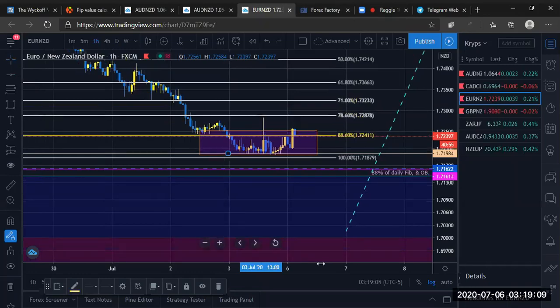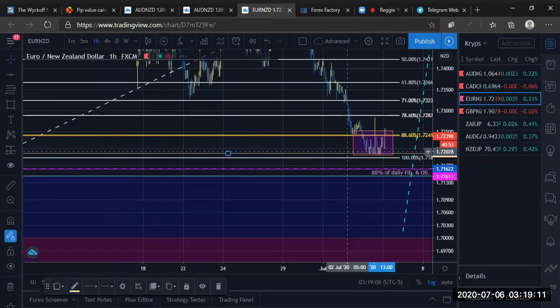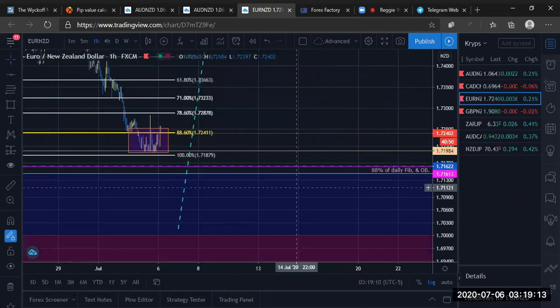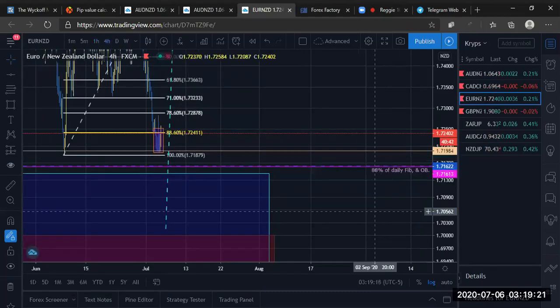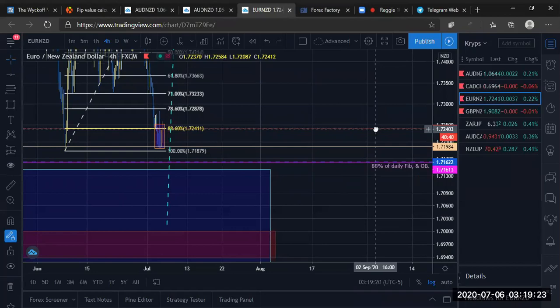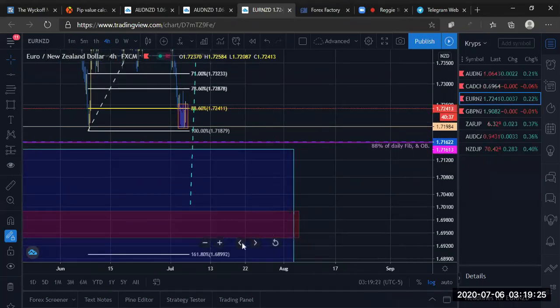88% of the daily field. So once it hits that area, it could start taking off and going the other way. We got a lot of space in that 88% area. So I'll definitely be looking for buys once it gets down to this area. This is a gap within the buy zone.